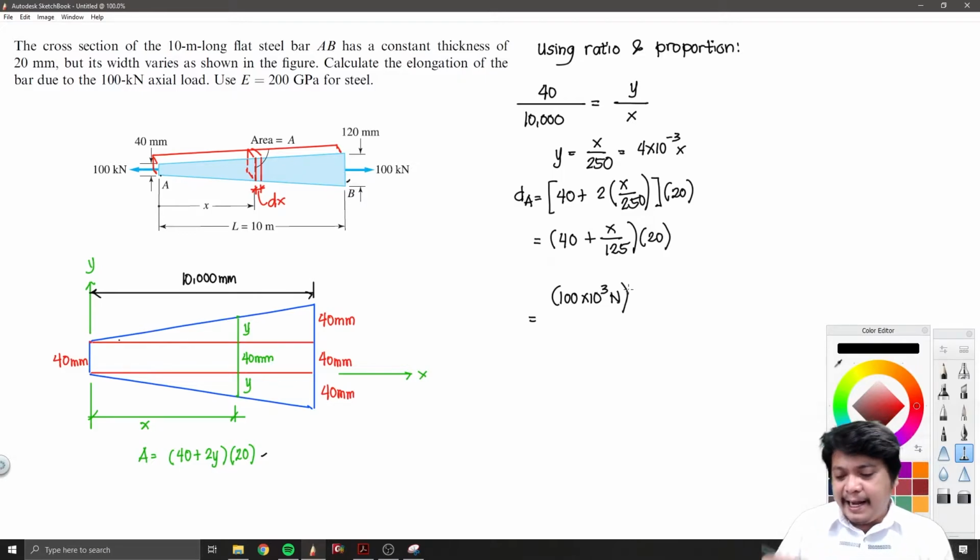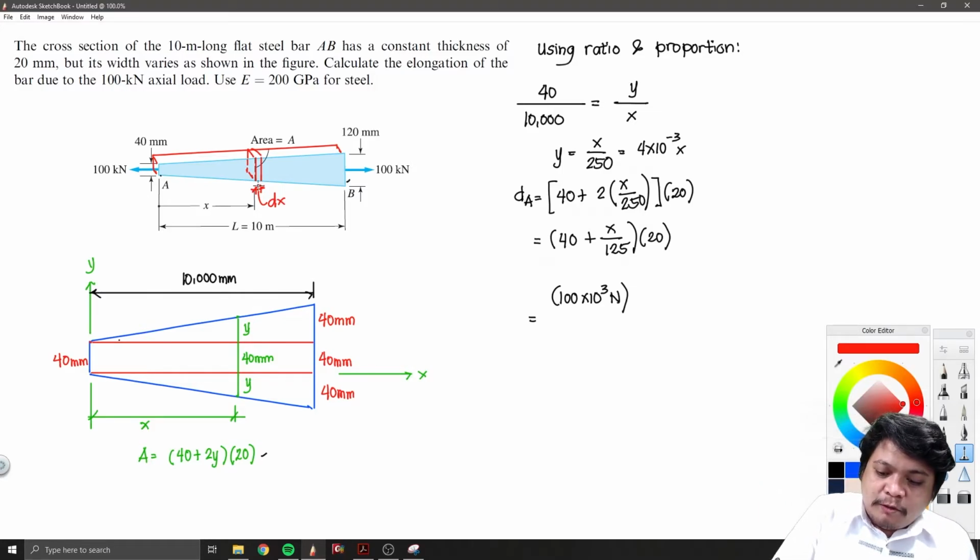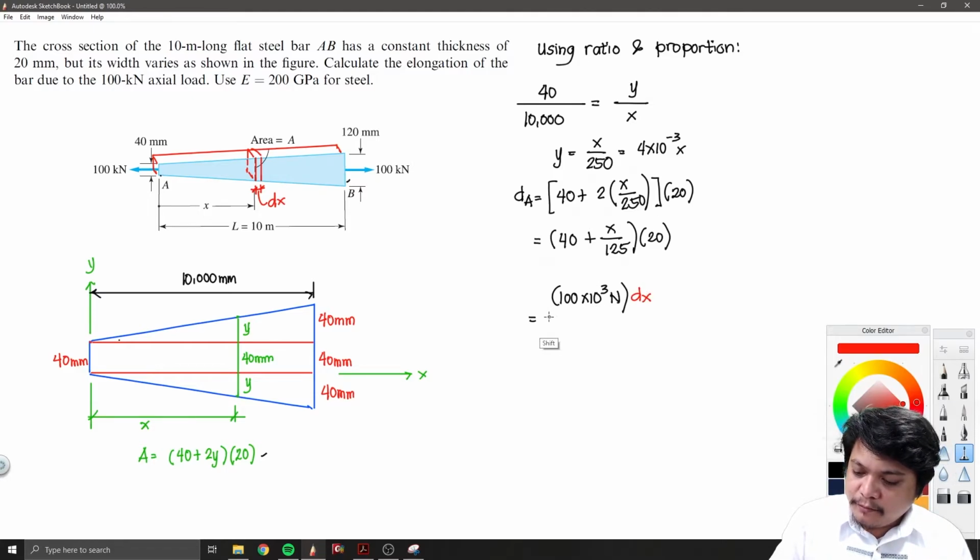Okay? Ang L natin dito, ayan, naka-drawing na. Okay? So, we will be having here this one, your dx. Kasi representative element ka lang, representative area. So, you have here the dx. So, yun yung pinaka-length mo. So, that is dx. Okay.